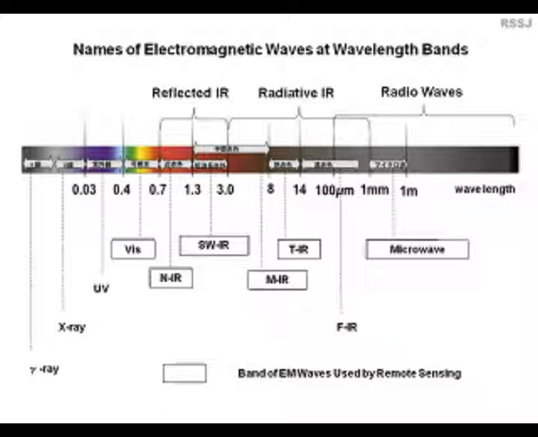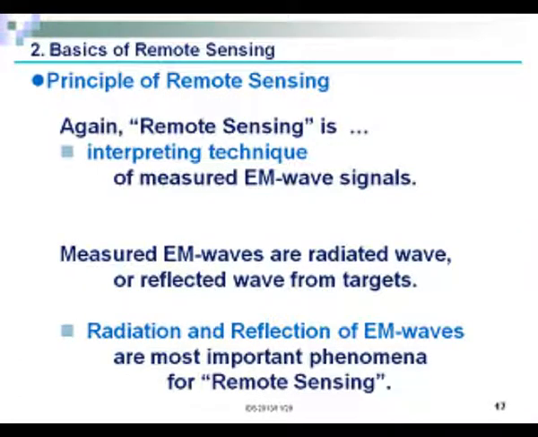Again, remote sensing is a kind of interpreting technique of measured electromagnetic wave signals. Because measured EM waves are radiated waves or reflected waves from targets, radiation and reflection of electromagnetic waves are the most important phenomena for remote sensing.